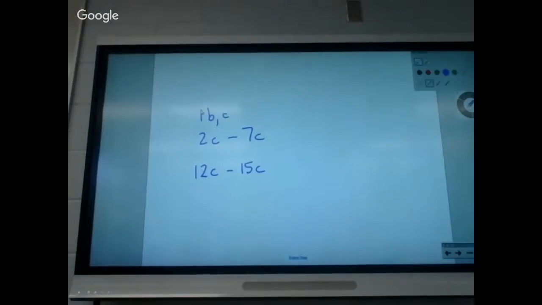Does that include A's and B's? No, it's only C's.